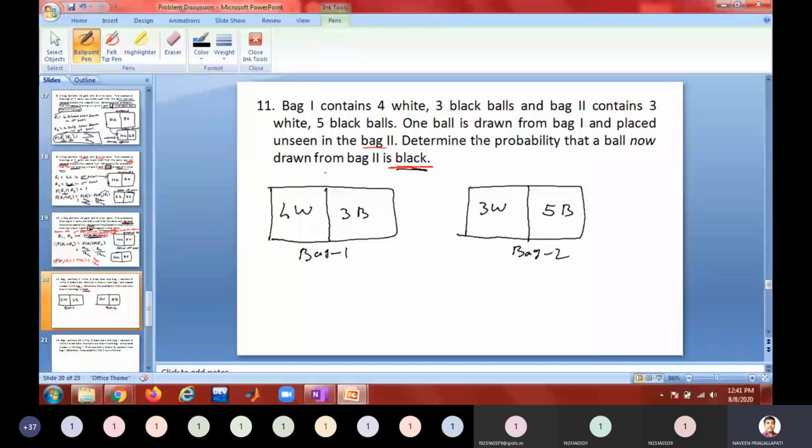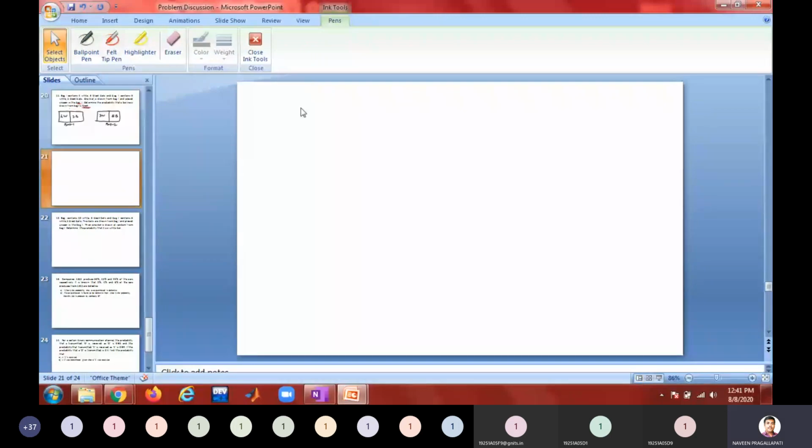So how to do this problem? It all depends upon the color of the first ball drawn, right? So instead of solving this problem theoretically, let us draw a tree diagram. From that, it will be easier for us to do the problem. Okay. So my case is like this.